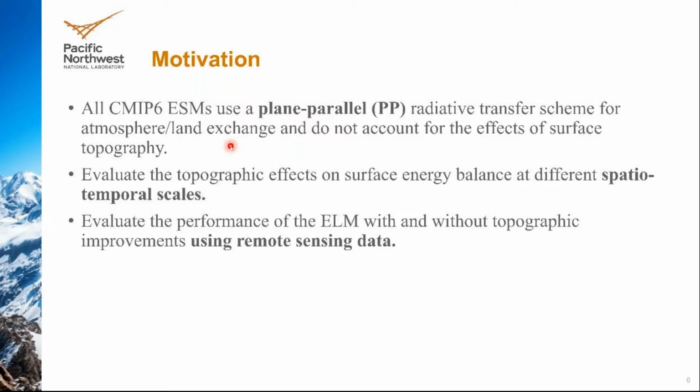So this study will improve the radiation transfer model to account for topographic effects in the ELM model. Then we will use the improved ELM model to evaluate the topographic effects at different spatial and temporal scales. We will use remote sensing data to evaluate the performance of ELM.